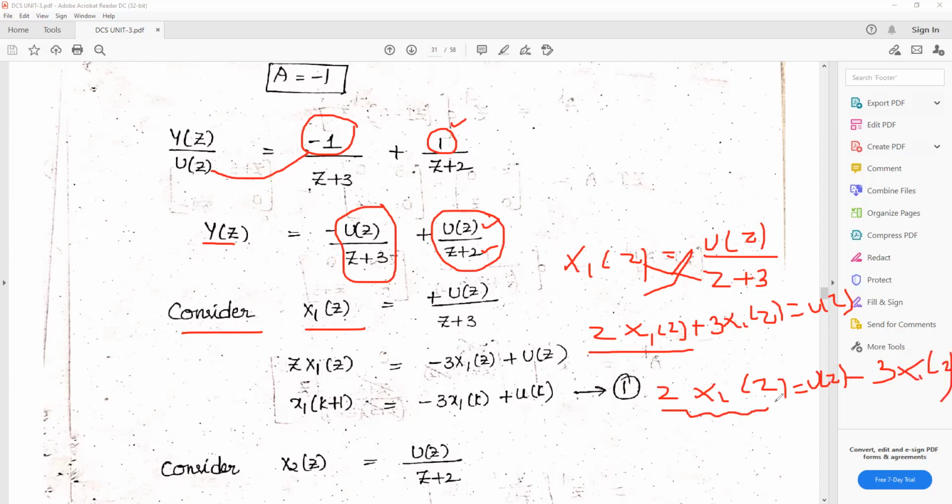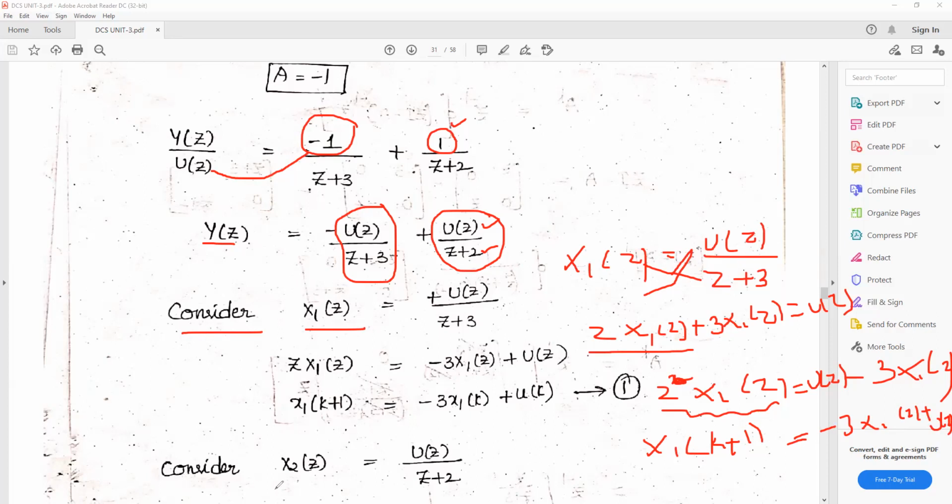Z into X1 of z in the k domain, inverse z transform, is X1 of k plus 1. So if here it is z square, it is k plus 2. Clear all of you? So X1 of k plus 1 is equal to minus 3 X1 of z plus U of z.